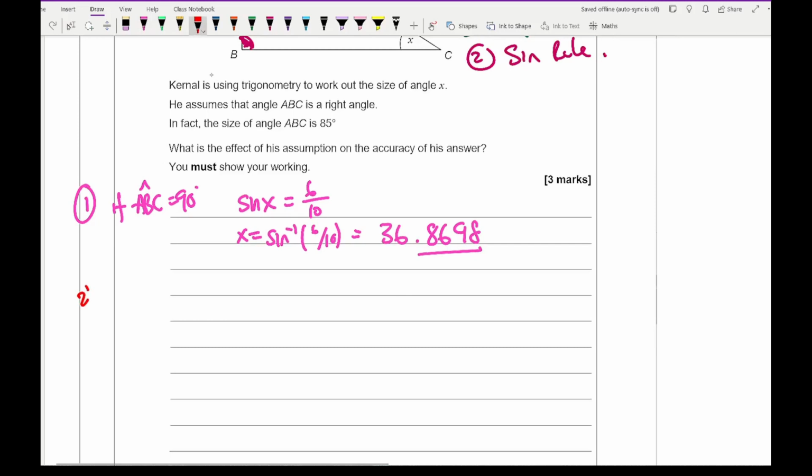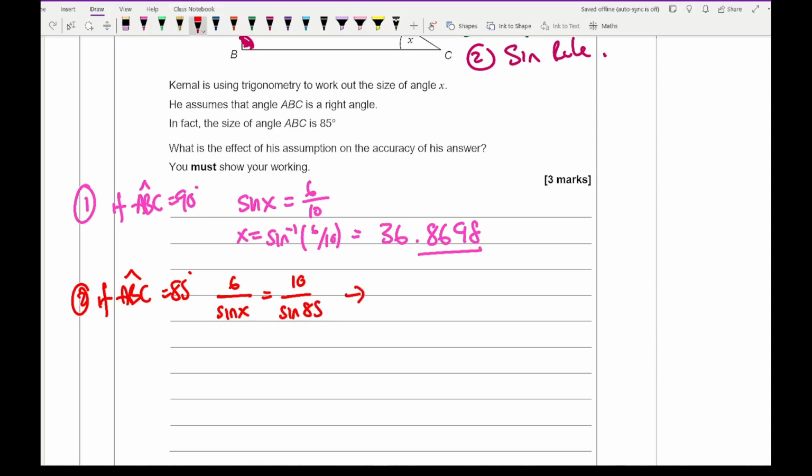So for number 2, if ABC was 85 degrees, and again, as I mentioned, we need to use the sine rule, so it's going to be 6 over sine x equals 10 over sine 85. Now I wrote 68, so let's get rid of that. 85.